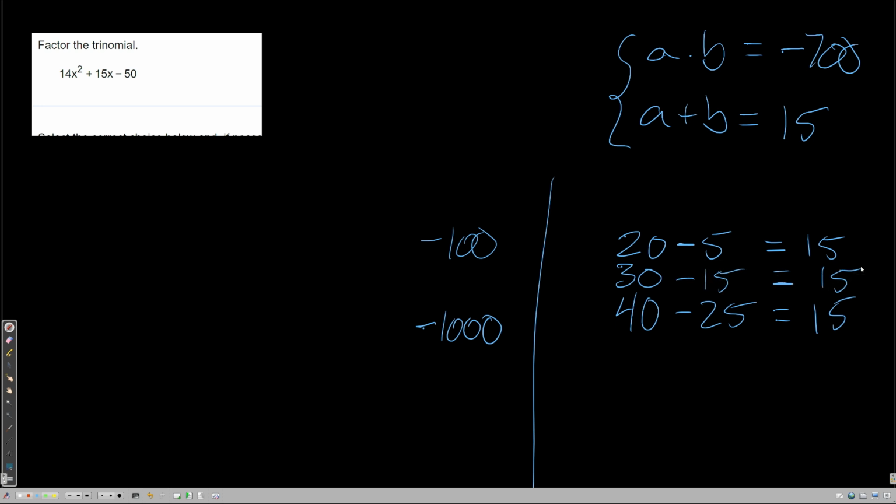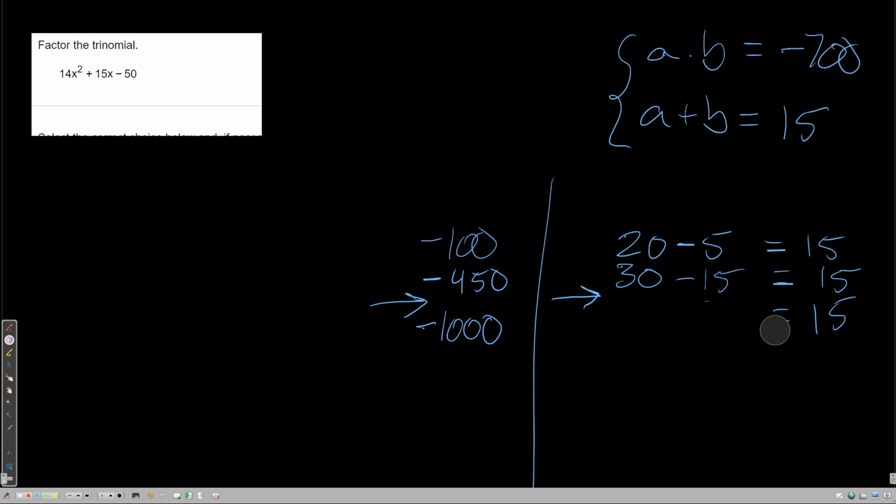And what would I get there? 30 times that, you get minus 450. So minus 700 is in between here and here, so then so must my solution be between here and here.